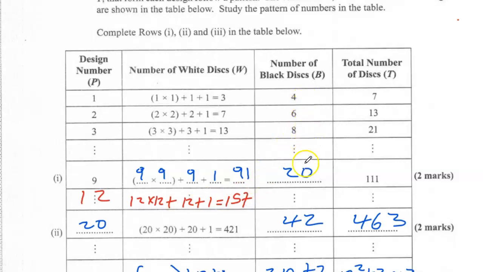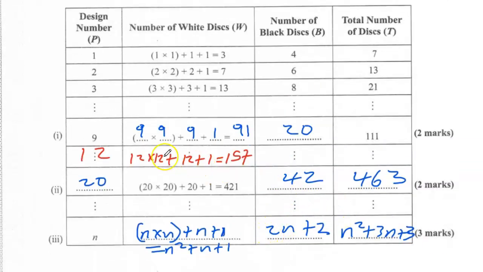And the number of black discs: 2 times n plus 2, so 2 times 12 is 24 plus 2, which is 26 black discs. The total number of discs will be 26 plus 157, so 183 discs will be needed.